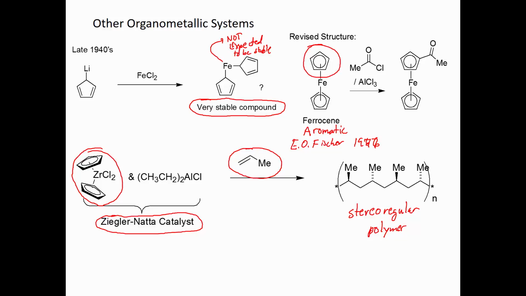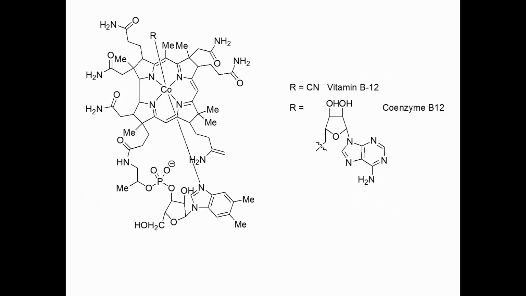Without humans doing chemistry, none of these organometallic compounds we've talked about to date would even exist. But there is one naturally occurring organometallic compound. That's vitamin B12. This has a bond between cobalt and a cyanide group, and related to that is coenzyme B12 that actually has a covalent bond between the CH2 group here and the cobalt.